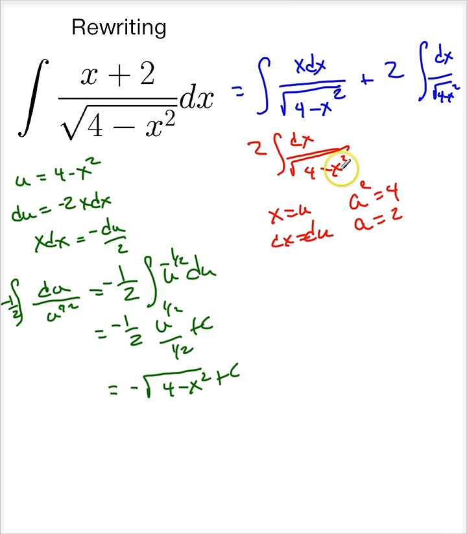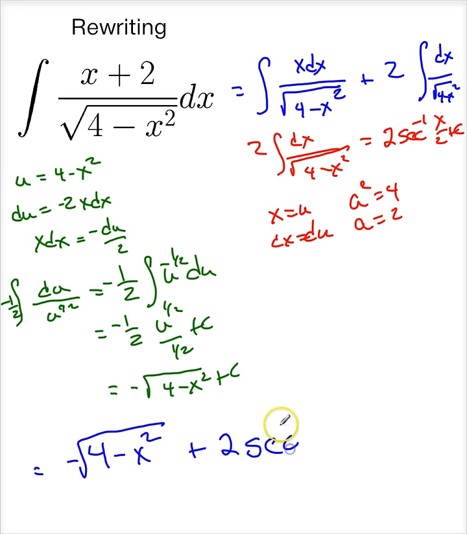So this one just falls right on out into the form of 2 times the inverse secant of x over 2 plus c. So my solution, when I combine these two together, this whole integral is equal to minus the square root of 4 minus x squared, and I'm not forgetting my square root, plus 2 times the inverse secant of x over 2 plus c.